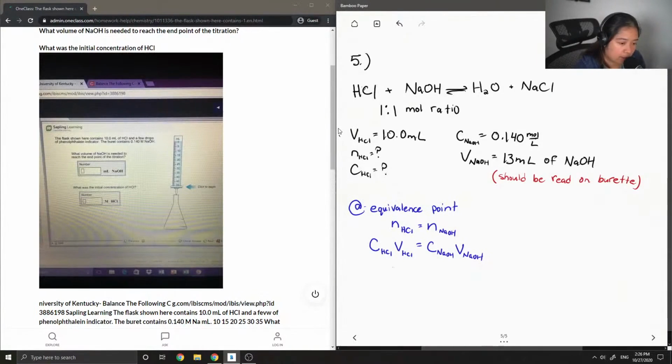So let's plug in all our values. I'm going to convert the 10 mL to liters, just so that everything's in the same units.